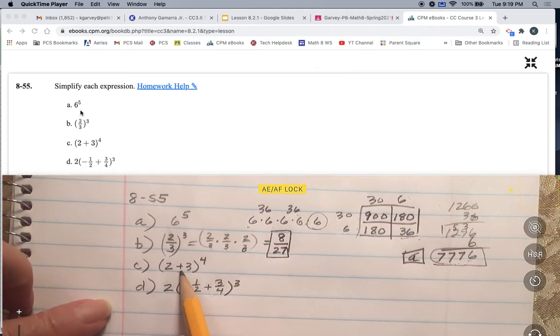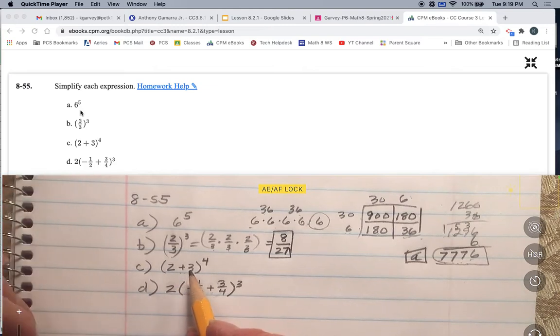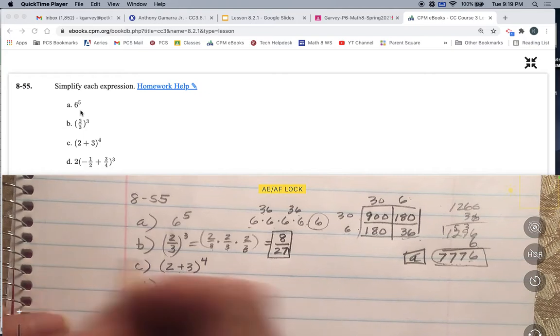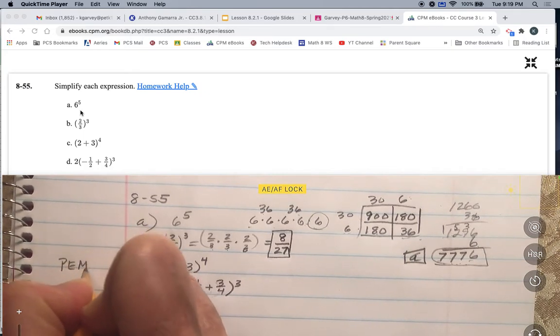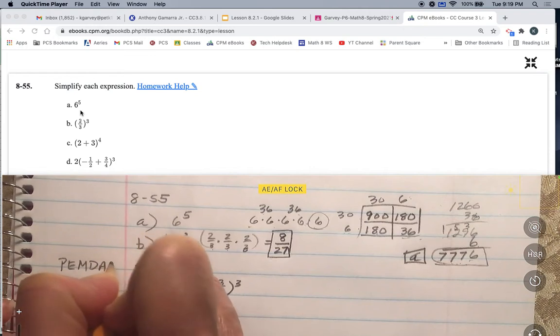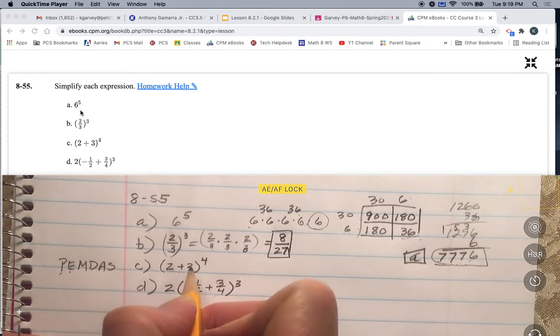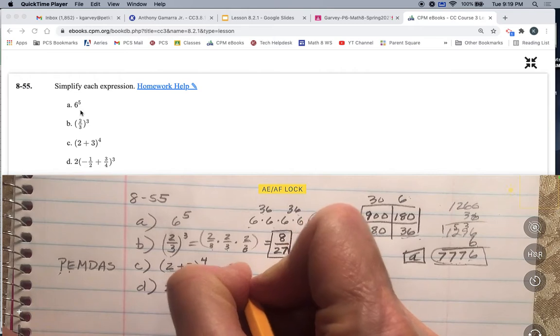Now this one's a little different. This is more like an order of operations problem because we need to remember PEMDAS is our guideline. We know parentheses are first, then exponents. So we need to resolve what's inside the parentheses. That's going to be equal to 5.